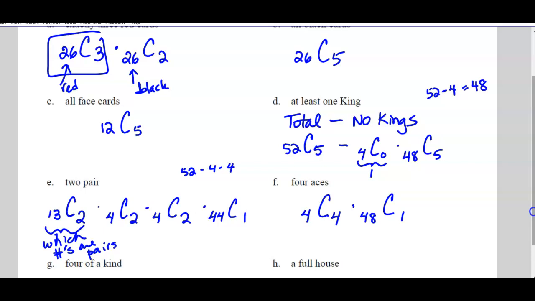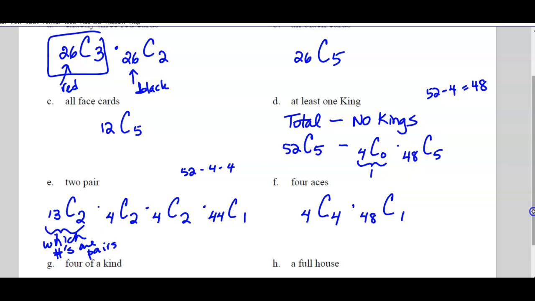No, the 13 choose 2 doesn't choose a card. It just tells you what number the card is going to be. Is it going to be a pair of 10s and 2s? Is it going to be a pair of jacks? So it's not actually taking those cards out. It's just saying you're going to have jacks and 2s, or kings and aces, or 3s and 4s.